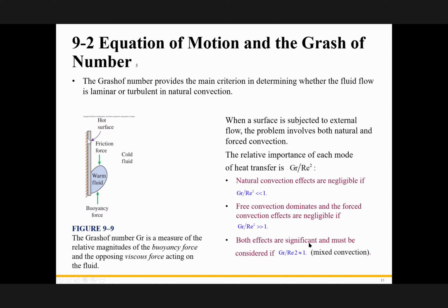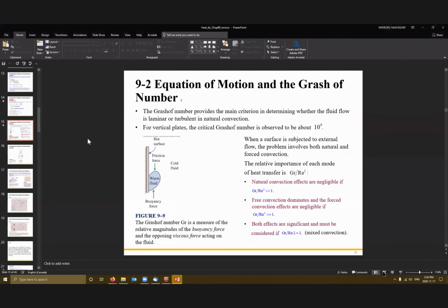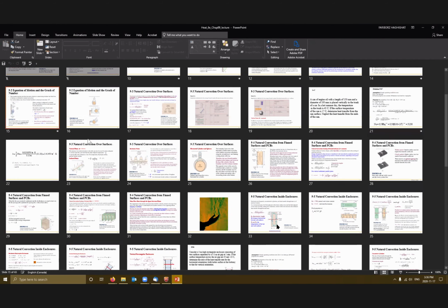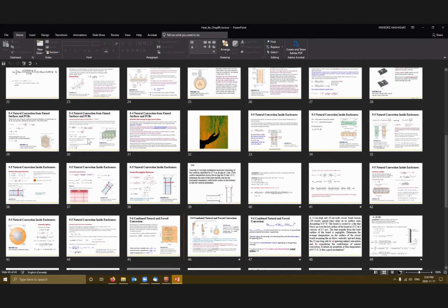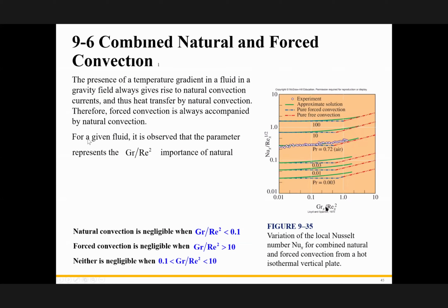Here I can show you the graphical procedure that we mentioned here, just to be able to grasp the idea. Here they plotted it to give you some better idea. Look at here, this is the Grashof number, and here is the Reynolds number squared. If it's in this range, from here to here, what does it indicate? It mentions here that free convection is dominating.